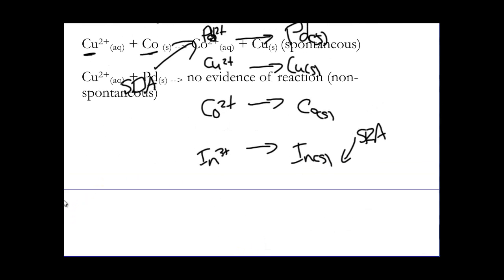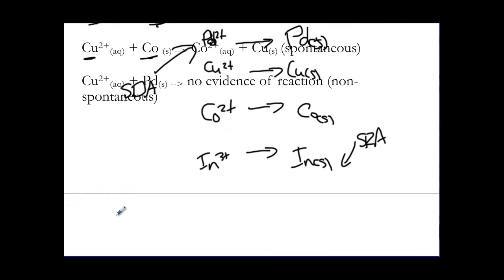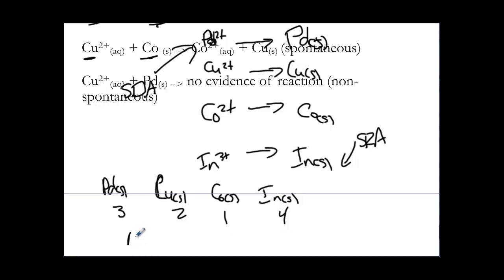They love to make it numeric response. And so sometimes they'd give you a legend. They'd say that Pd solid is a 3, Cu solid is 2, Co solid is 1, and In solid is 4. And they might say rank the reducing agents from strong to weak.